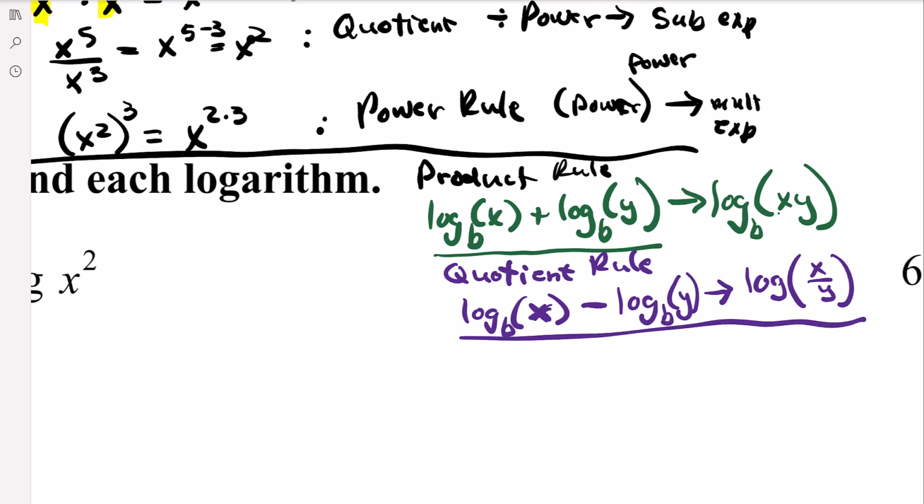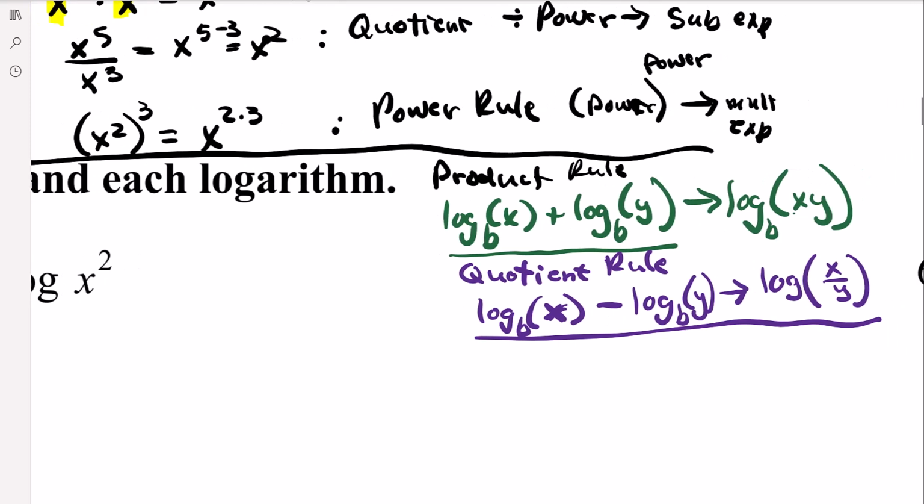Okay, and then lastly is the power rule. Well, just like up here, when you raise a power to a power, you multiply. This is when you have a number being multiplied by a log.